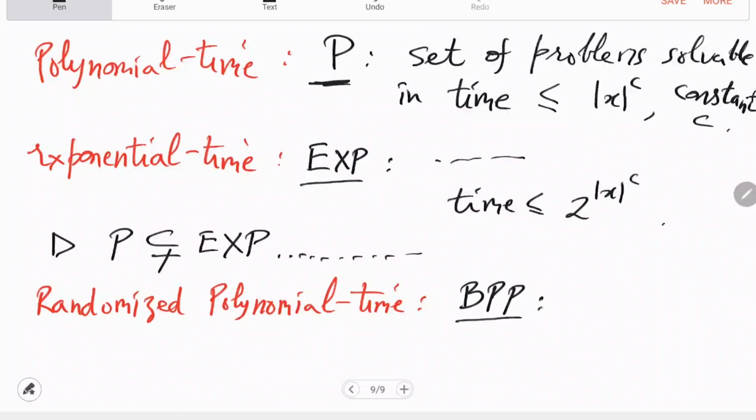Say the correct answer is yes, then this algorithm will run for polynomial time and it will give the answer yes with probability, let's say, at least 2/3, and equivalently it will give the answer no, which is the wrong answer, with probability at most 1/3. Similarly, if the correct answer is no, it gives no with probability at least 2/3, and yes with probability at most 1/3.